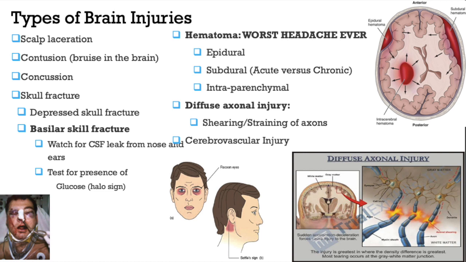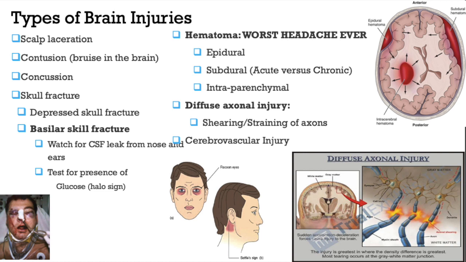And the way that we detect this is by putting some type of tissue to that area if we see leakage of a clear fluid. And what we will see is a halo sign, which is a blood stain that's surrounded by a yellowish stain, and that is indicative of a CSF leak usually. Of course, we can confirm that through further testing, but that's just a bedside assessment that you can do.